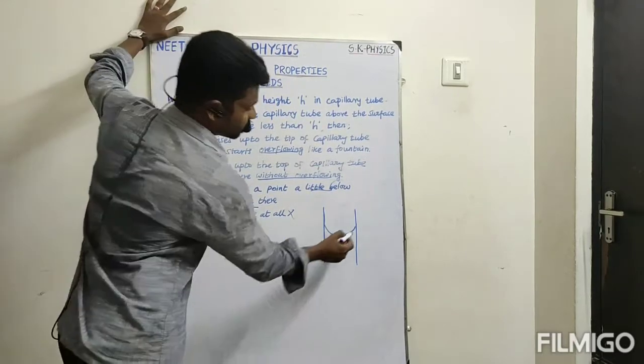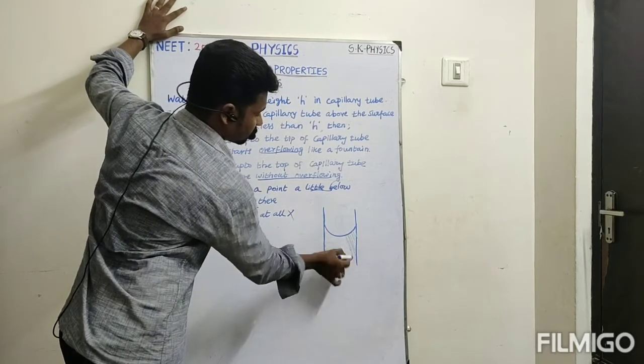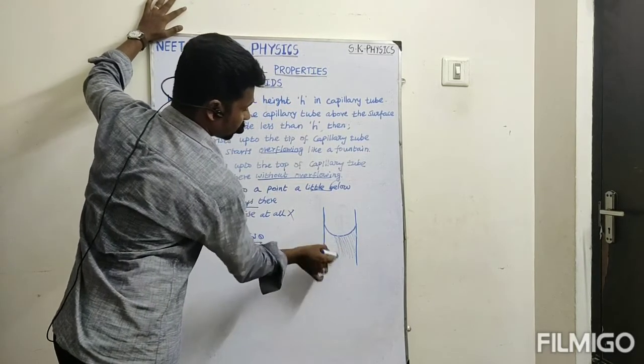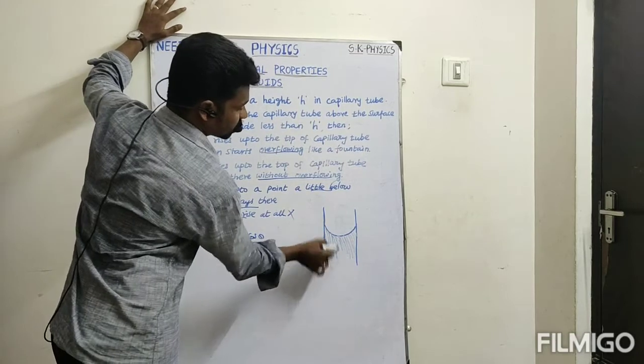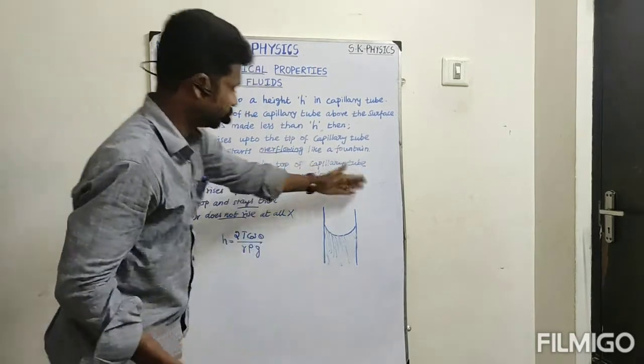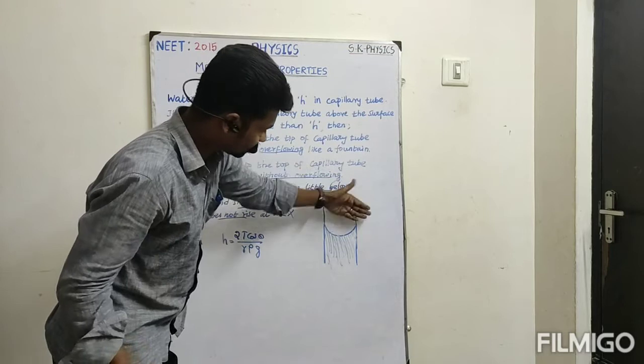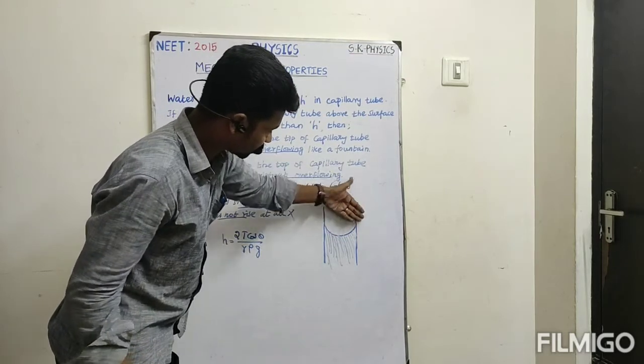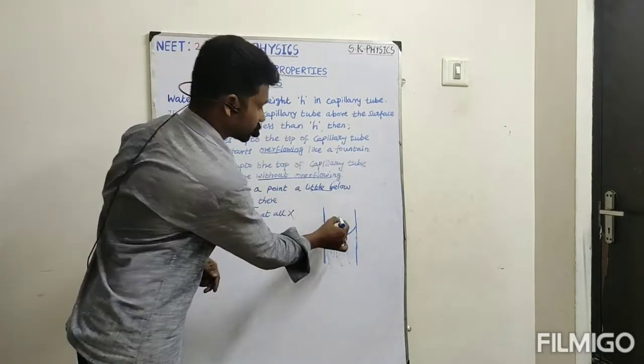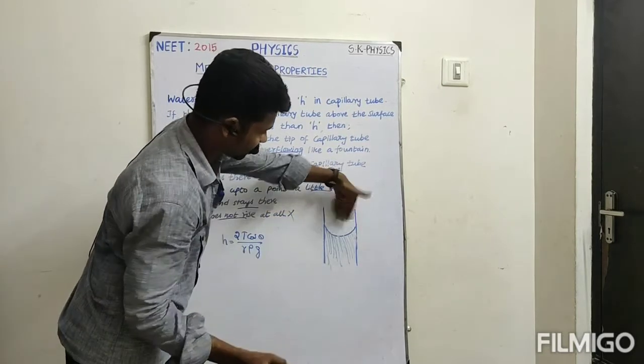In that topic, this concept comes. So this is that liquid, and this is its meniscus. So from this, that is the meniscus radius.